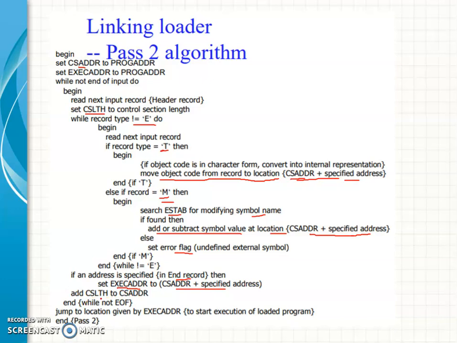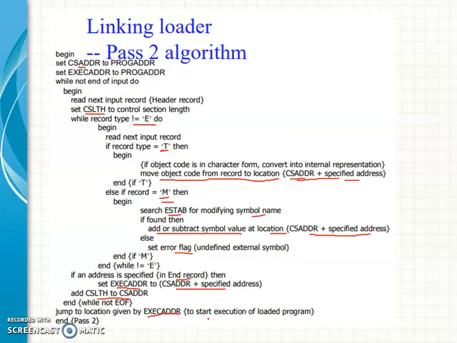If it is not the end record, you need to set CSADDR to CSADDR plus CSLTH. So the control section length will be added to the current control section address so that the next control section address can be obtained. Then jump to the location. Once it reaches the end of the input, jump to the location given by the EXECADDR in order to start the execution of the loaded program.